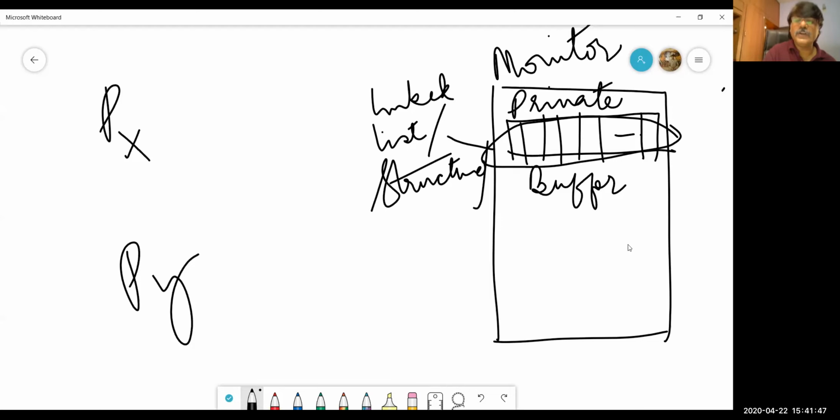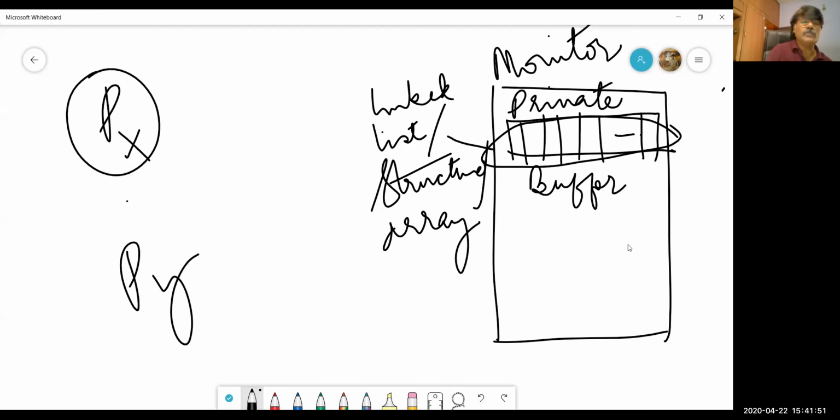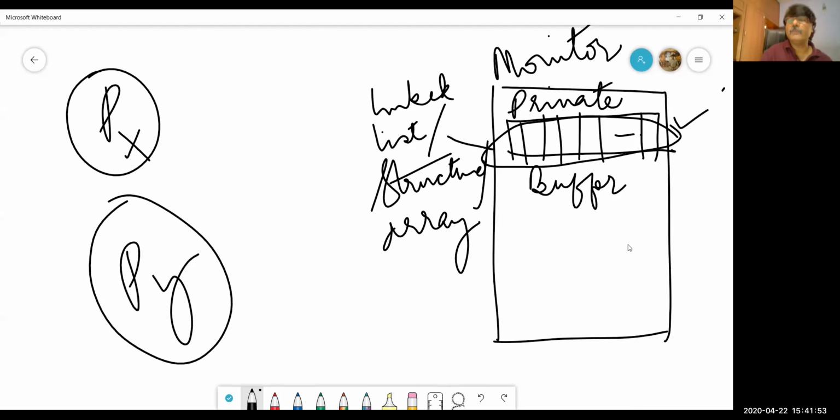The implementation details of this buffer will not be known to process X and process Y because it is abstracted from the outside processes. Now let us say this process is called the producer process.